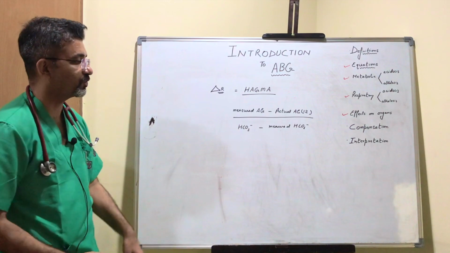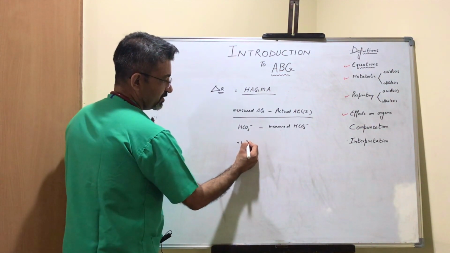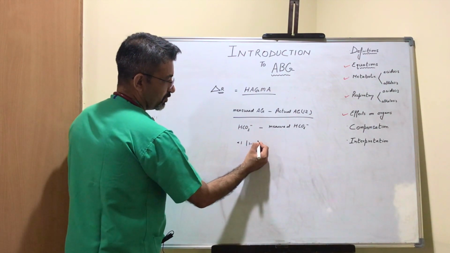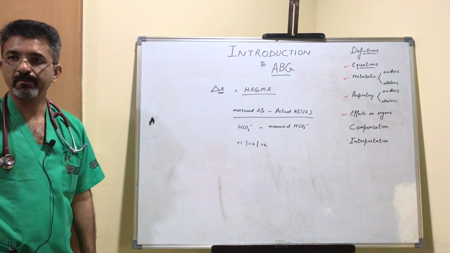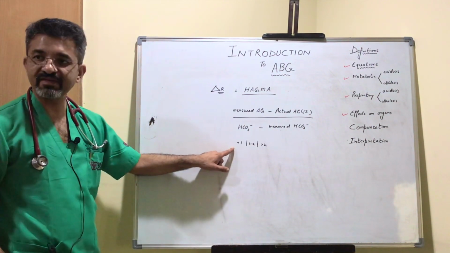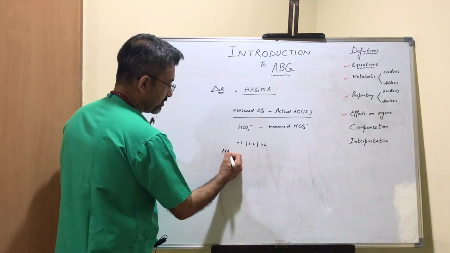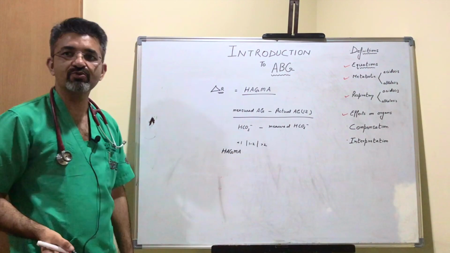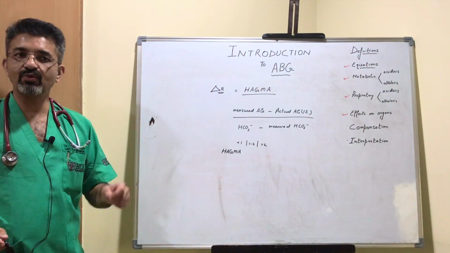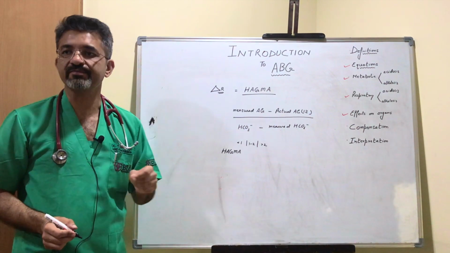This gives you a ratio. It can be either 1 or less than 1, it can be 1 to 2, or it can be more than 2. If it is 1, that means the ABG is purely HAGMA. If my delta ratio is coming out to be 1, I am dealing with only one pathology, that is high anion gap metabolic acidosis only.